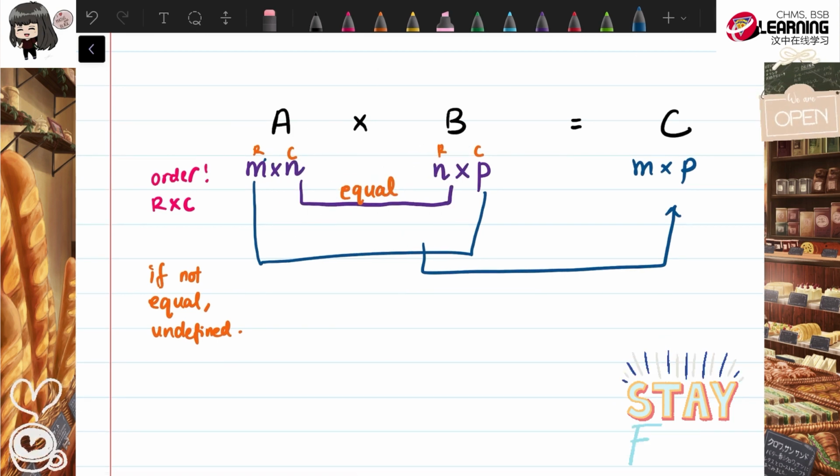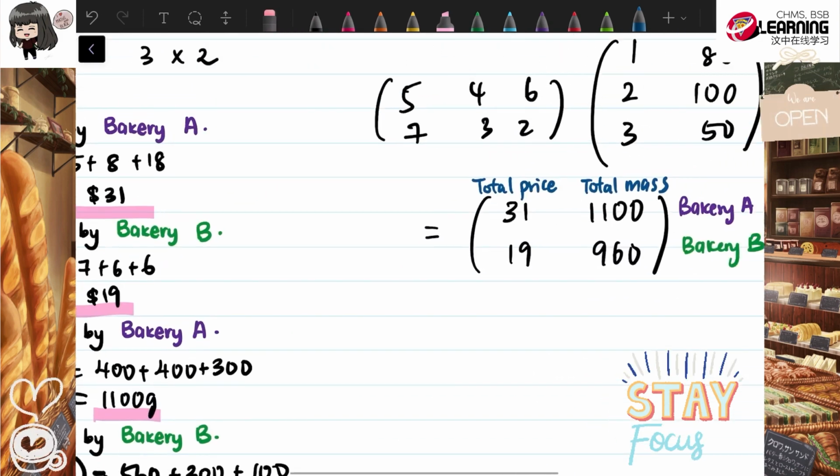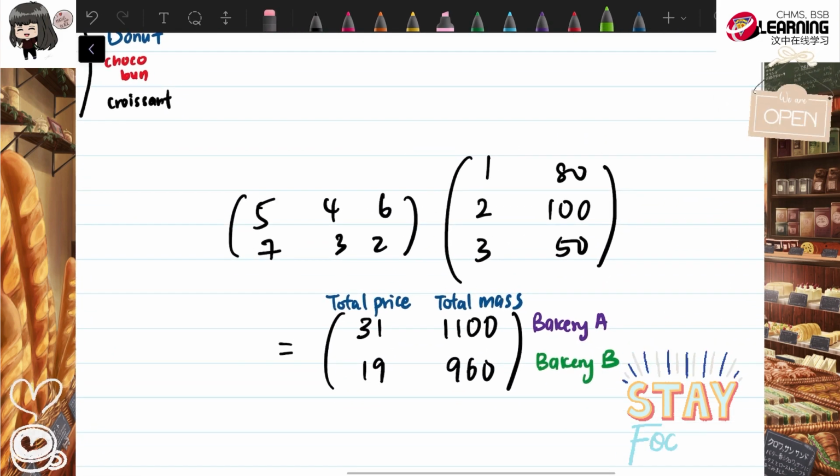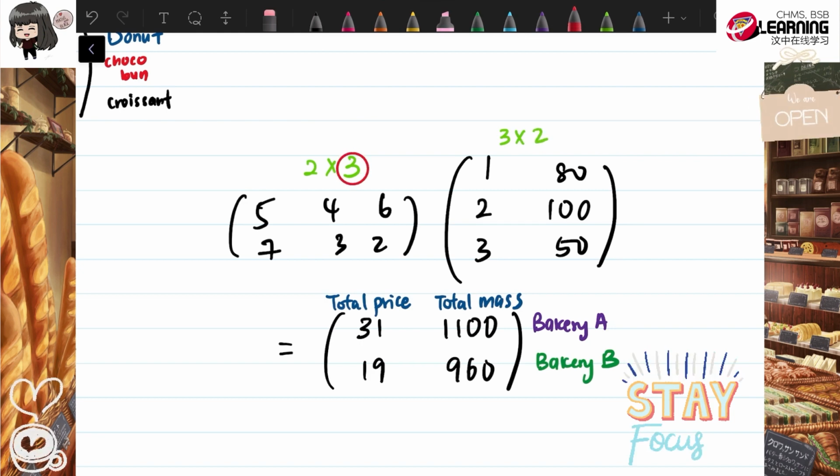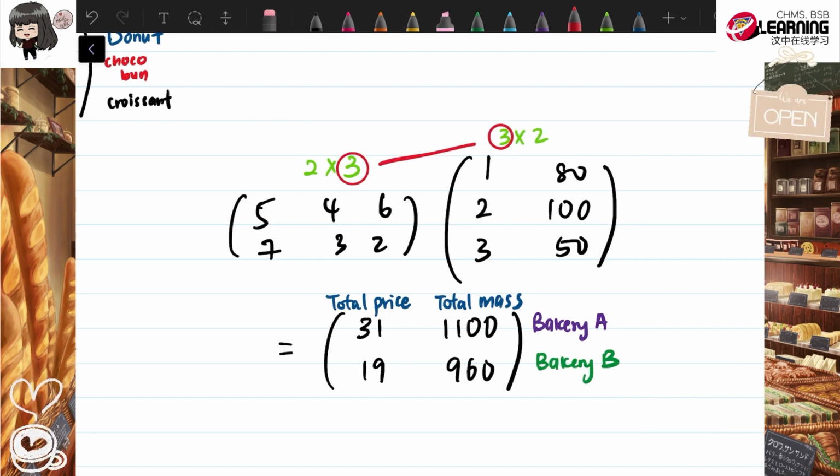We go back to this first. You look at the order. The order for this is 2 by 3. The order for this matrix is 3 by 2. Look at the column here and the row here, they are the same, right? So if they are the same, yes, you can multiply. Your final product will be 2 by 2.